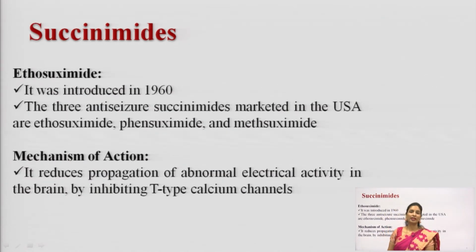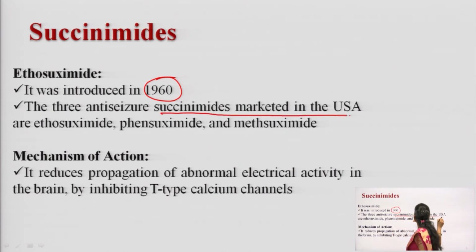And next we will move to the next drug class, succinimides. Succinimides are drugs used to treat epilepsy, and the drug you can use here is ethosuximide. Ethosuximide was introduced in 1960. There are three anti-seizure succinimides marketed in the USA.